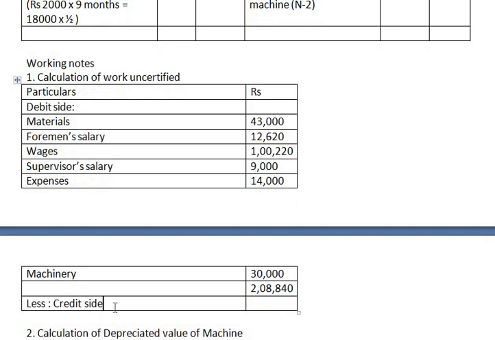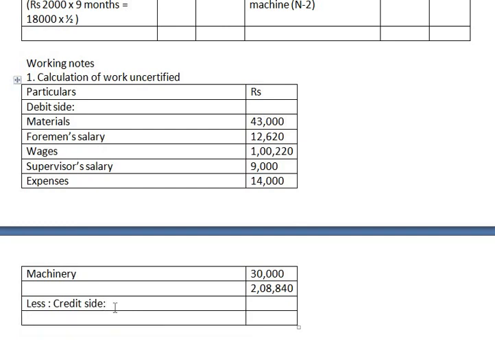Now credit side. Debit side we have taken, and we have made the total, that is 2,08,840. From that we are going to deduct the credit side total, less credit side. And on the credit side, here we have machine, machine costing rupees 30,000 minus depreciation.